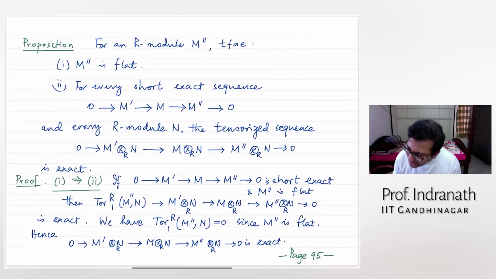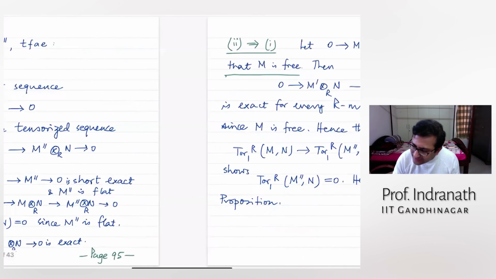The proof of this is not difficult. Again, you will only be using that TOR1 is vanishing. Let me just quickly talk about it. You just tensor, and here it comes as your TOR1, and this is 0 because M double dash is flat, and therefore you have the exactness out here.